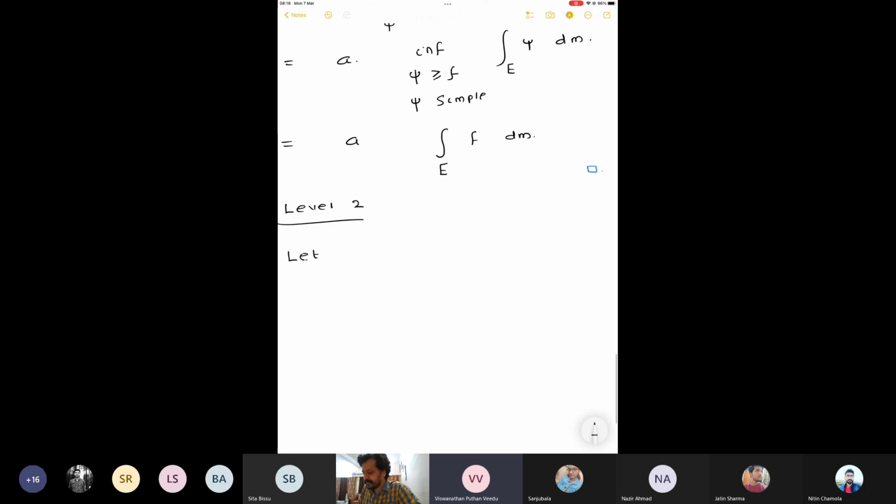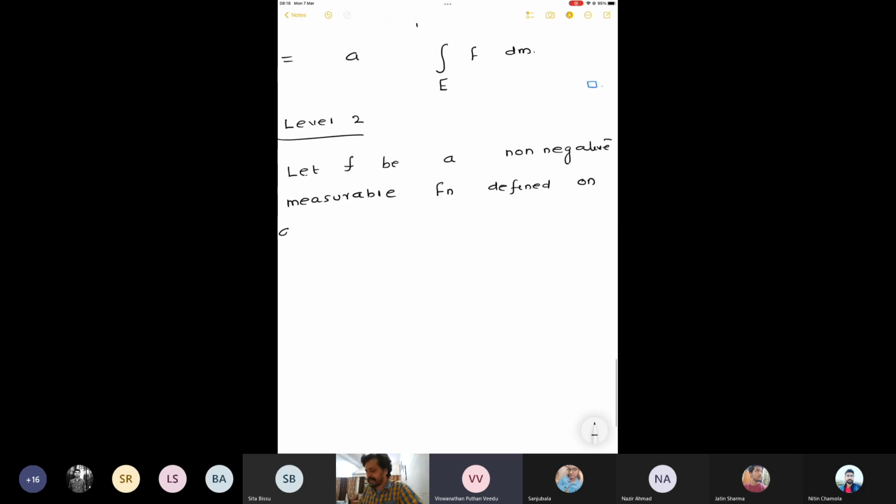Let f be a non-negative measurable function over R or over any measurable subset of R, defined on a measurable set E. I don't require the measure to be finite.